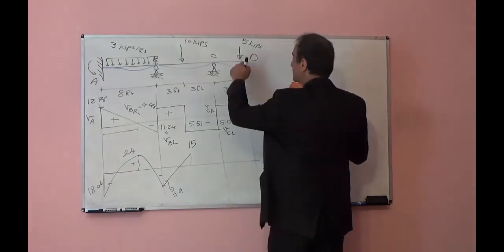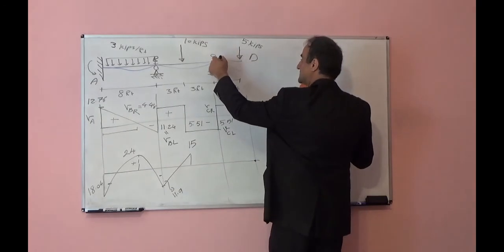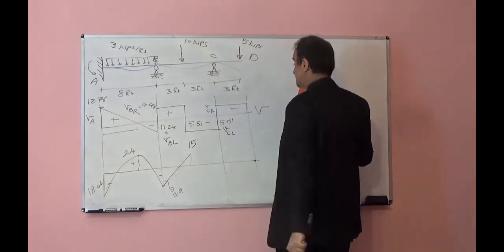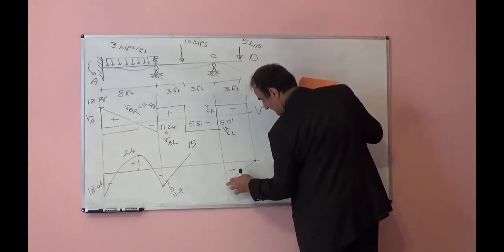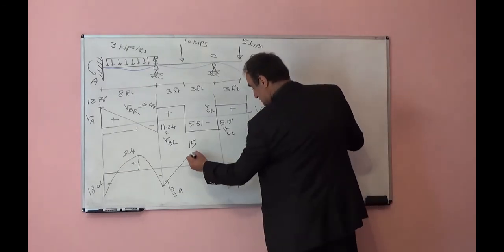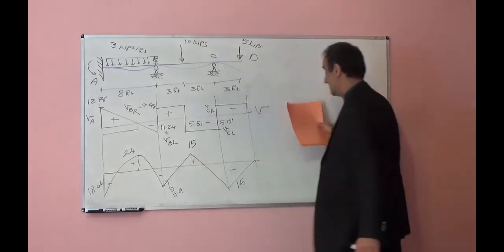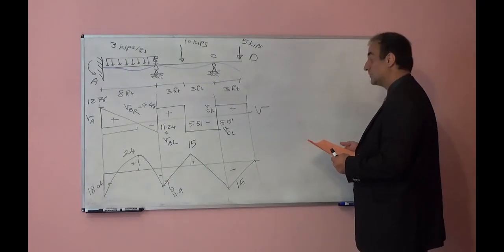And here moment 0. If I move from here to here, just before C, 5 times 3, negative 15, negative 15, and then it goes to the positive 15. This will be our moment diagram.